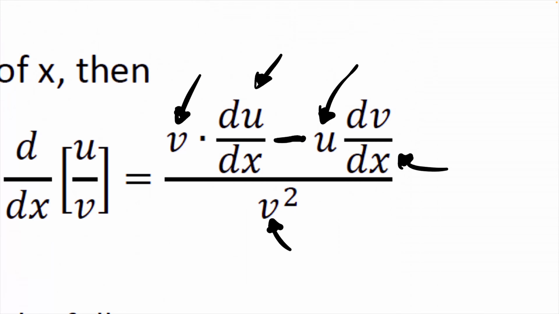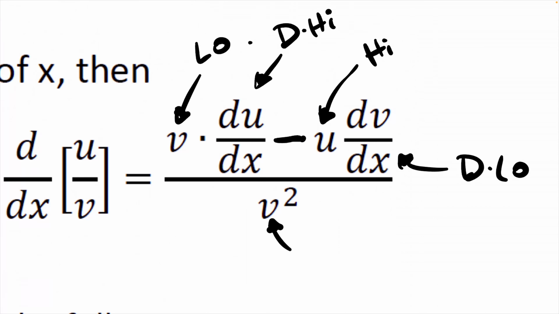I've heard this, and I tell students this. Sometimes it helps you remember. Say low. You know what I mean by low? It's the bottom, right? Times d high. What's d high mean? Derivative of the top minus high. And what would this one be called?